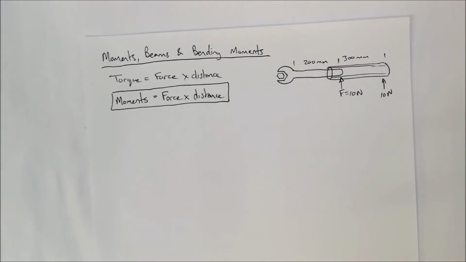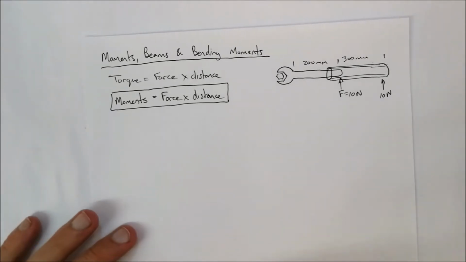You'll actually see that these moments, which is force times your arm distance, are used in different applications, as we'll see later on. A specific application would be the weight and balancing of a specific aircraft.